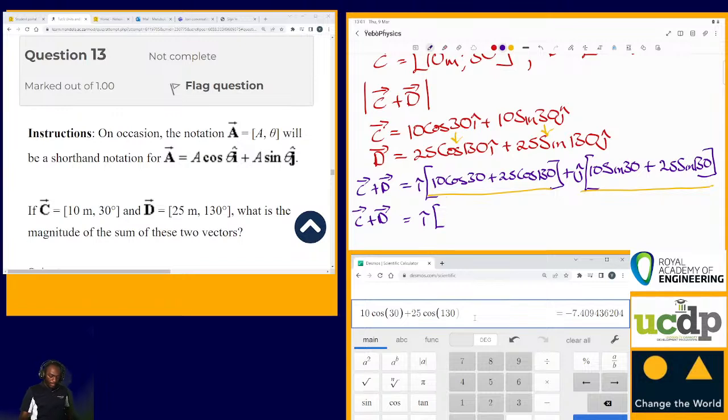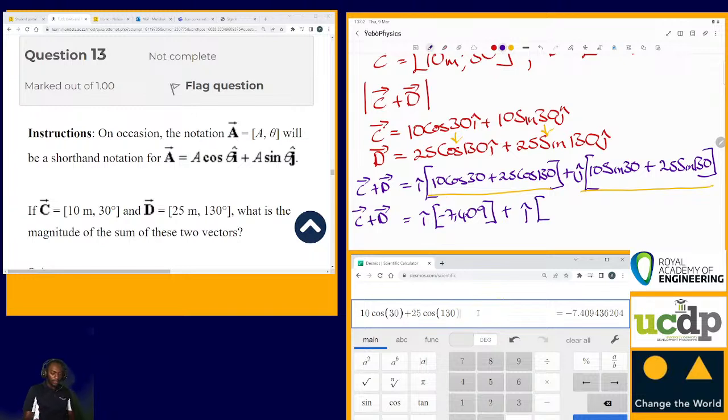What do we get? We get negative 7.4, that's what I'm getting. It's negative 7.409. Okay, plus the component in the j.